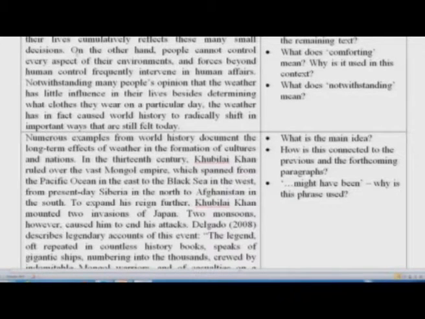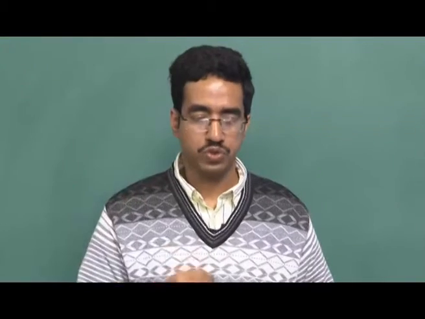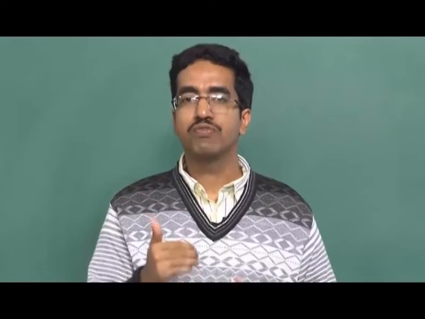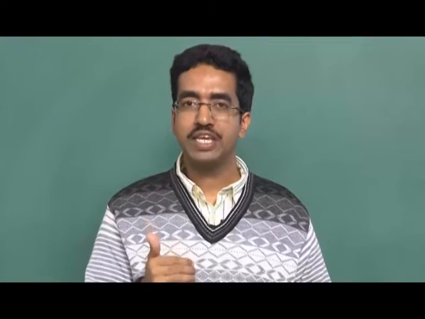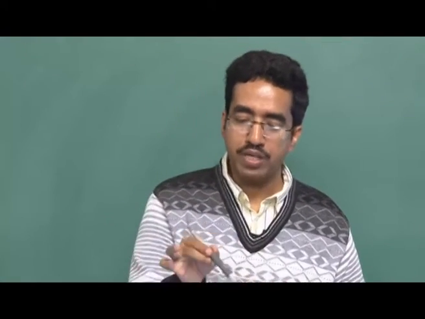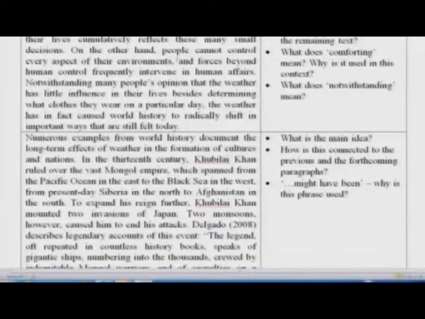Then it moves on and says, on the other hand. This linker is very important, it brings in contrast here. What was just discussed is the general feeling, what many people feel, but what is going to come next: people cannot control every aspect of their environments. So, this is the statement.